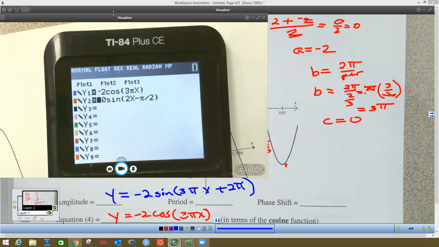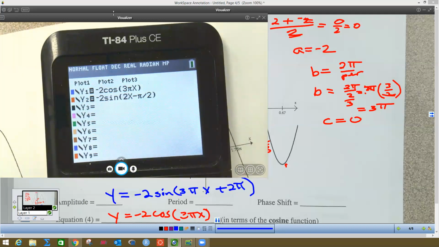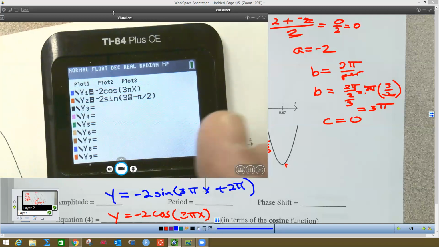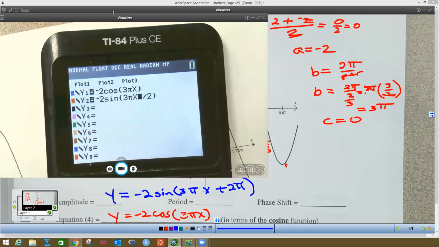Come down here, and I got -2. And I need 3 pi x. 3 pi x plus 2 pi.